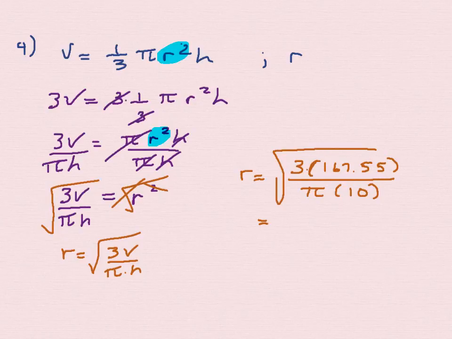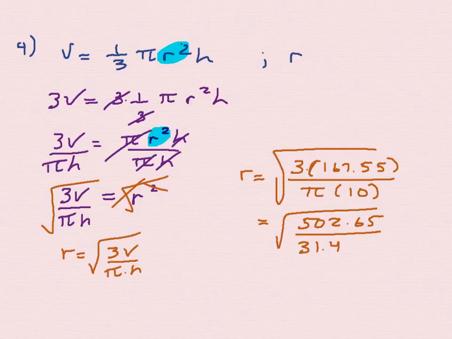So 3 times 167.55 is going to give you around 500 and something, 502.65. Pi times 10, 3.14 by 10 is 31.4159, etc. Use your calculator, don't use your value for pi, the shorthand. Then you take 500 and divide it by 31.